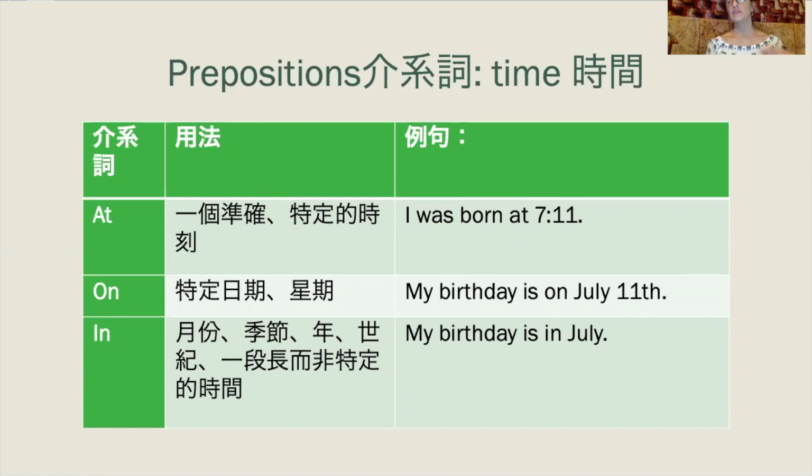Right, my birthday is in July. So these longer periods of time it's referring to could be a month, 月份, or a season, 季节, or a year, or a century. Is a 世纪.